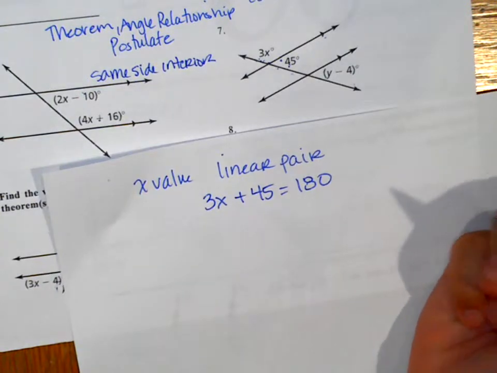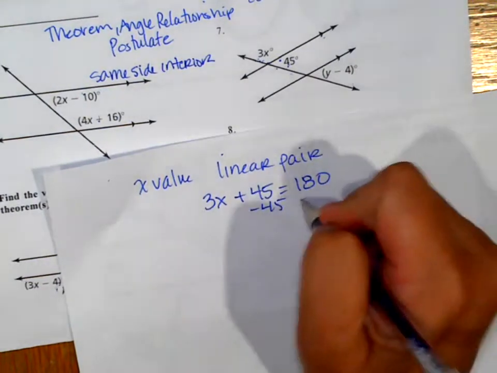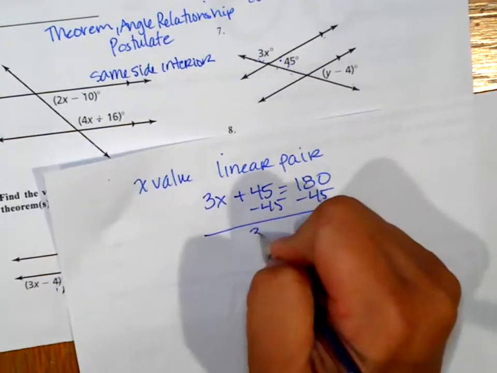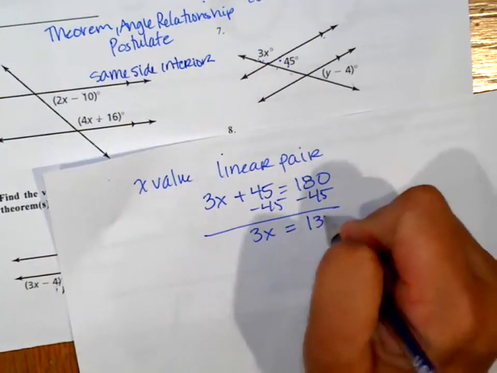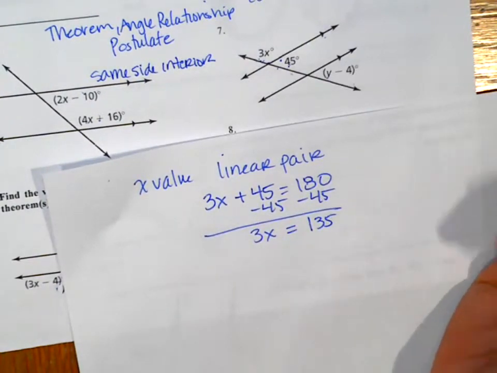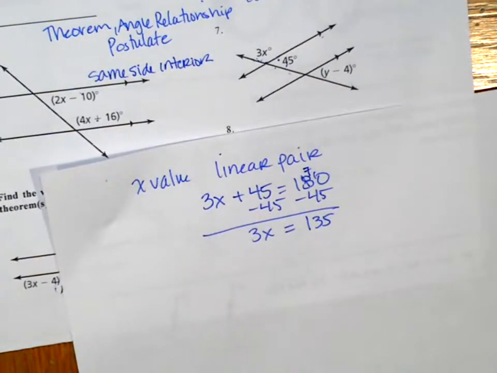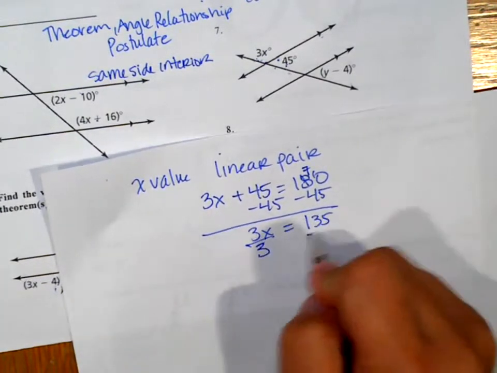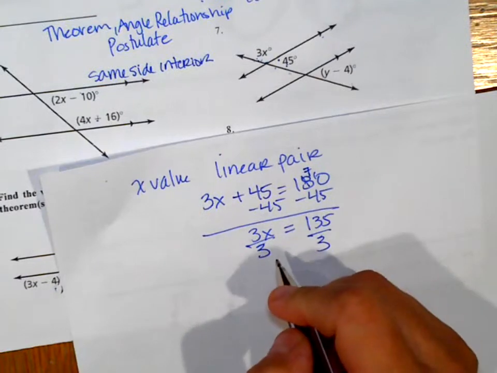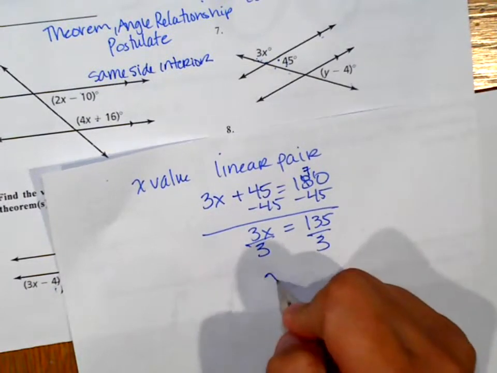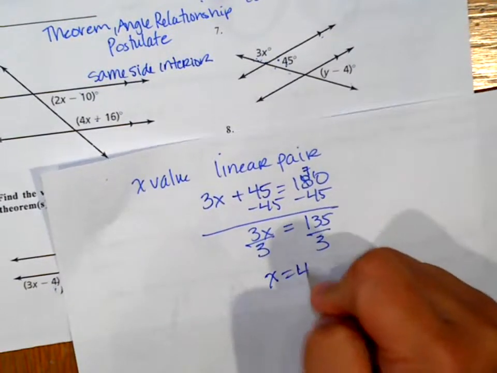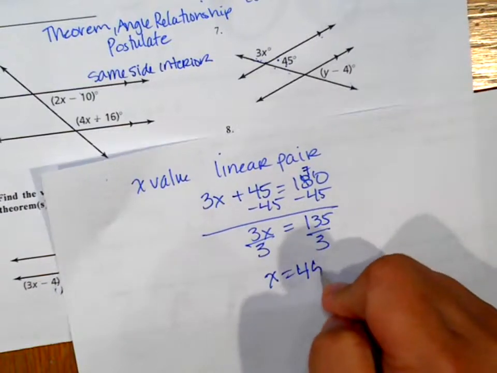Subtract 45 from both sides. 3x is equal to 135. Do you guys want me to go slower through this part? I can go slower. Divide both sides by 3.